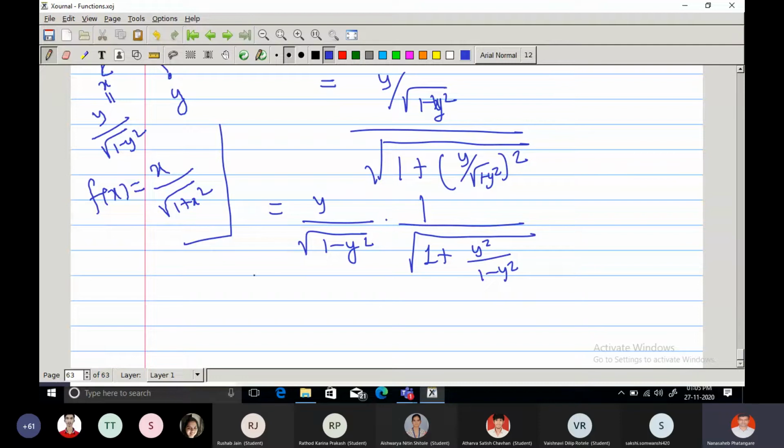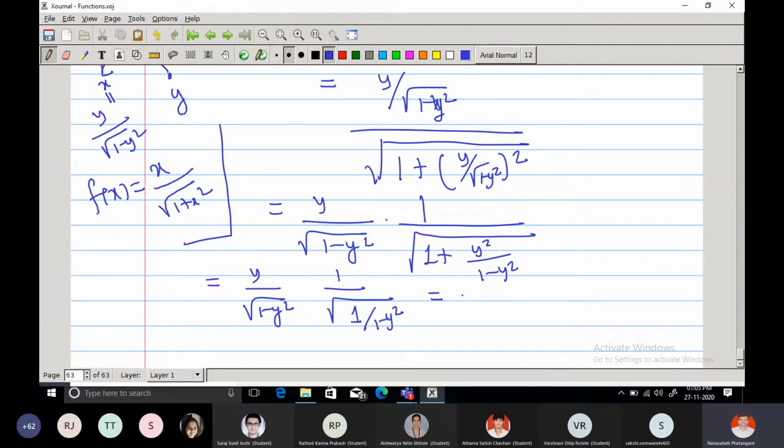The numerator is y upon square root of 1 minus y square, and the denominator is 1 upon square root of 1 minus y square.